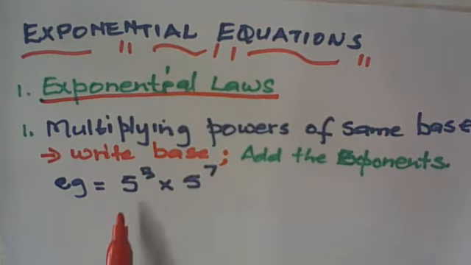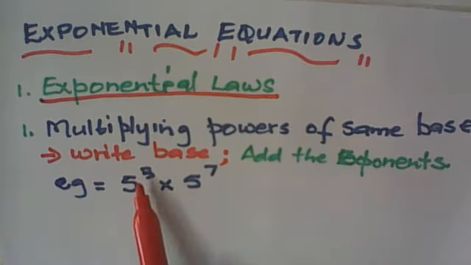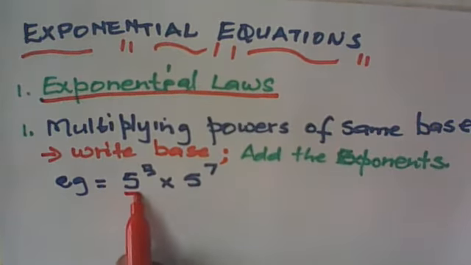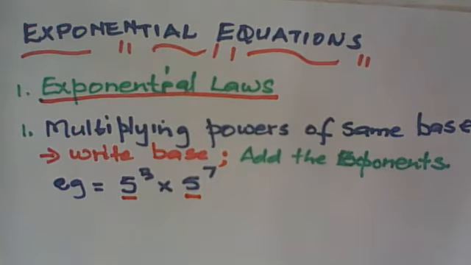This is a power, this is the base, and that is the exponent. The other terminology for exponent is an index. So look at this: 5, 5. Those bases are the same.